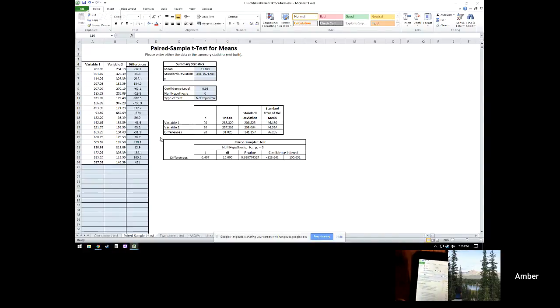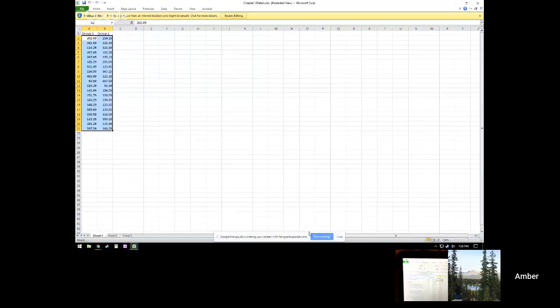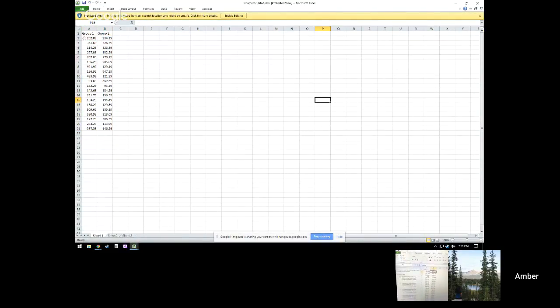Well, when I did it, I actually highlighted both of those cells at the same time. I don't know how you did that. I just clicked over here and then did that.